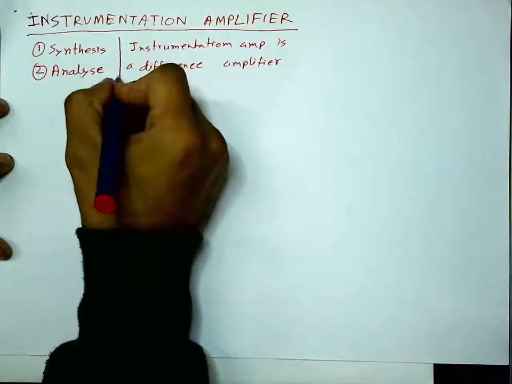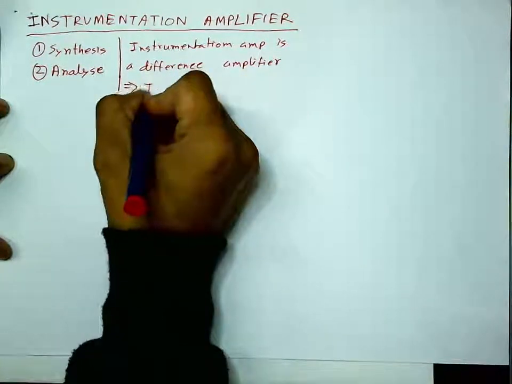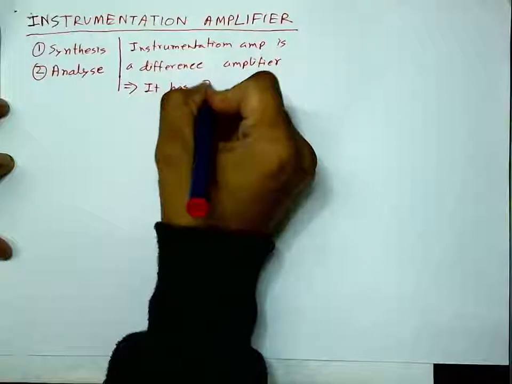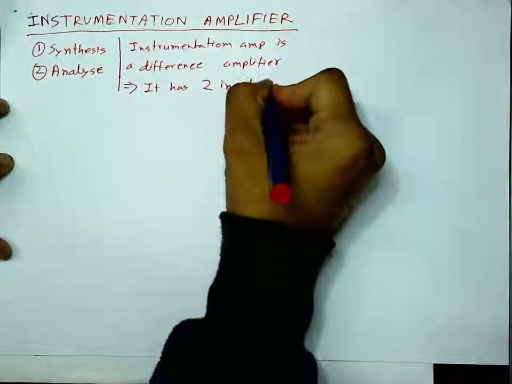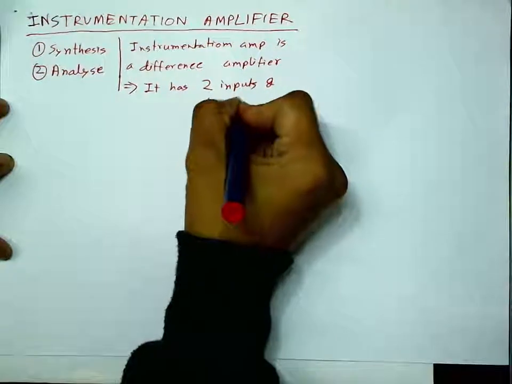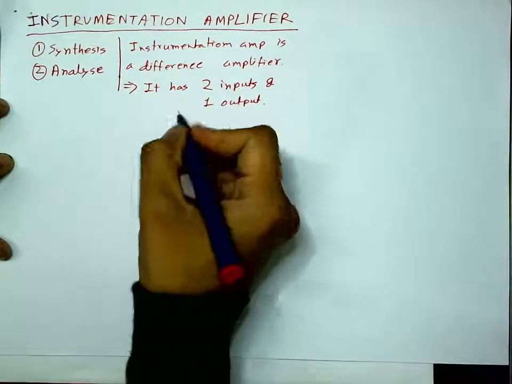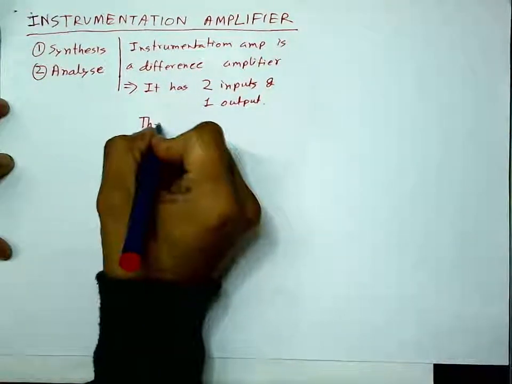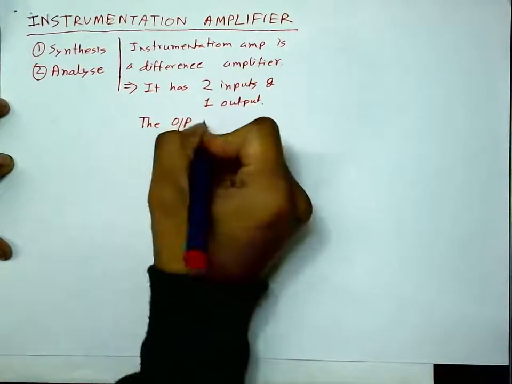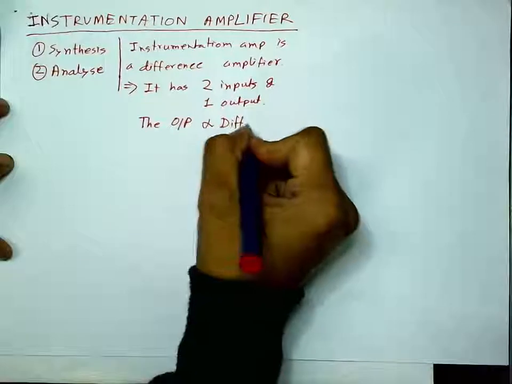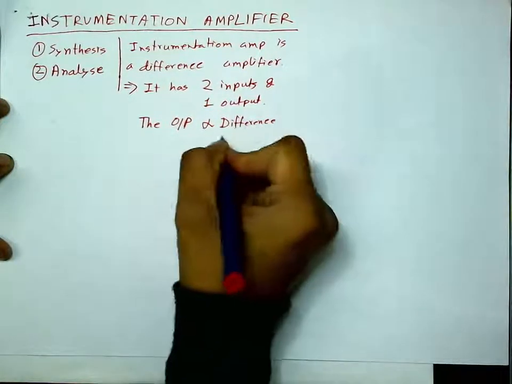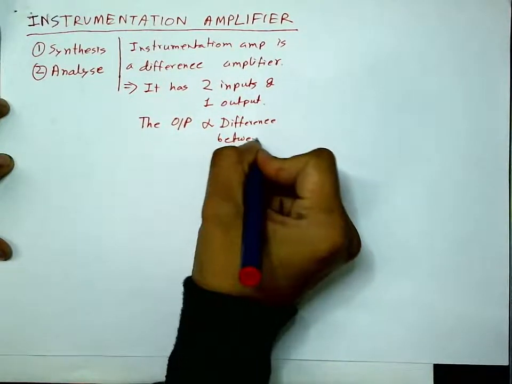This means it has two inputs and one output. The output is a function of, or is proportional to, the difference between two inputs.